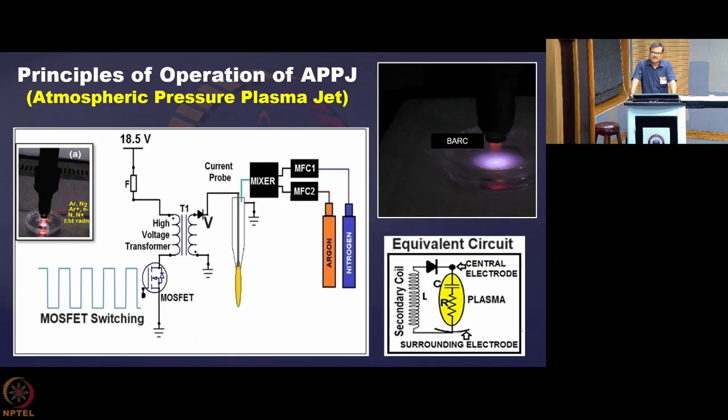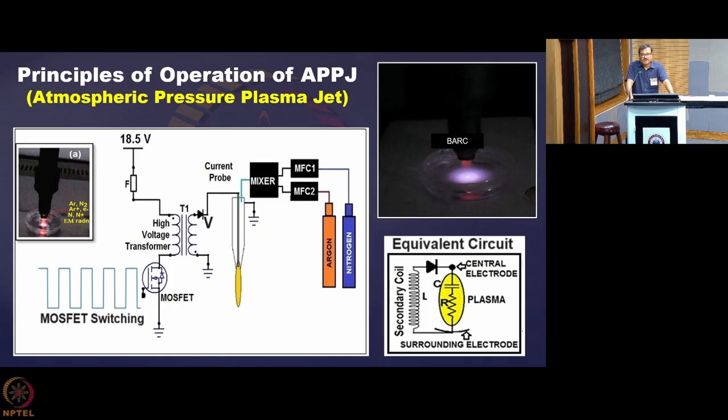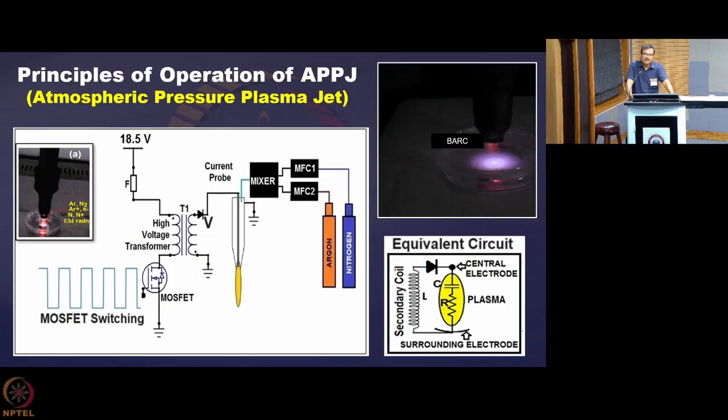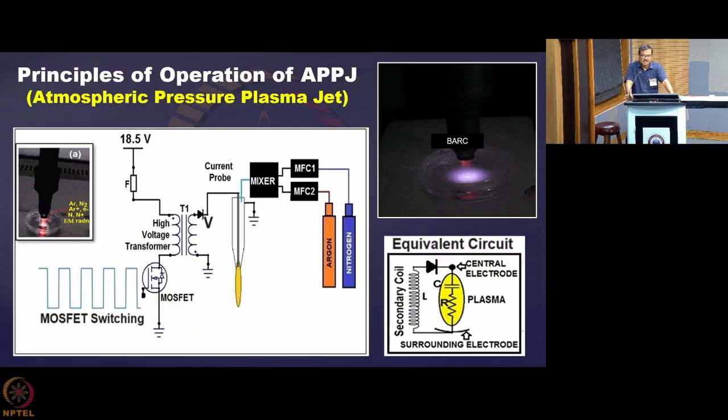In thermal plasma, you are generating everything at atmospheric pressure, and you know from the beginning we are calculating what is the number density in this room and all this. There we have found that number density is 10 to the power 24 per meter cube or around that. Here you are getting 10 to the power 20. So 4 orders of magnitude difference is there in the number density.